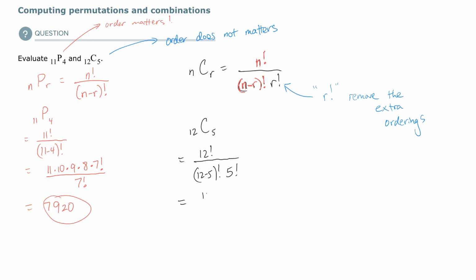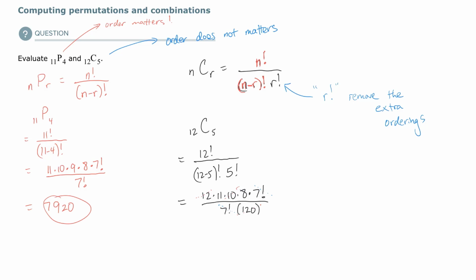Now we reduce things again. 12 times 11 times 10 times 8 times 7 factorial all over 7 factorial. And 5 factorial is 120. So I'm going to go ahead and write that. 5 factorial is 120. And then we could reduce lightly. We're going to reduce the common factor of 7 factorial as well. And then what are we left with?